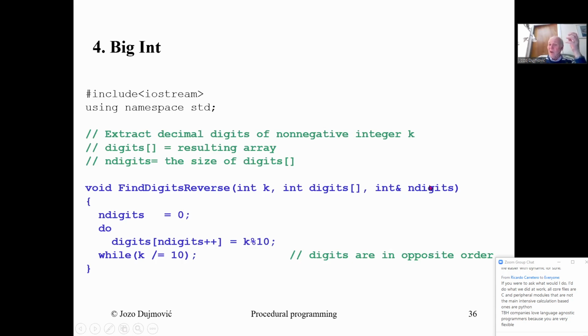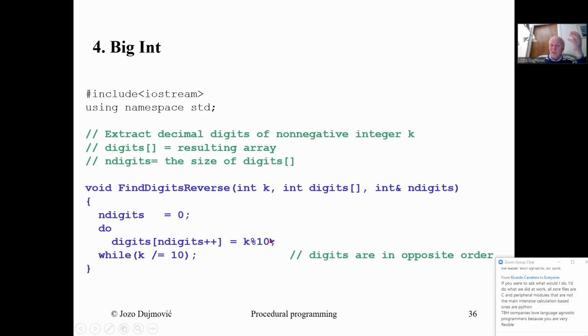And there are going to be n digits. So I have to return the number of digits, as an integer returned by reference. How to do that? Well, the number of digits initially is 0. And then I say digits of number of digits is k modulo 10. This is the last digit in k.